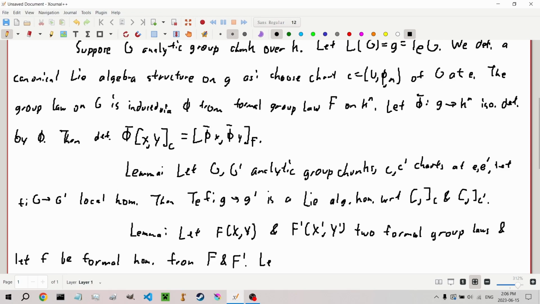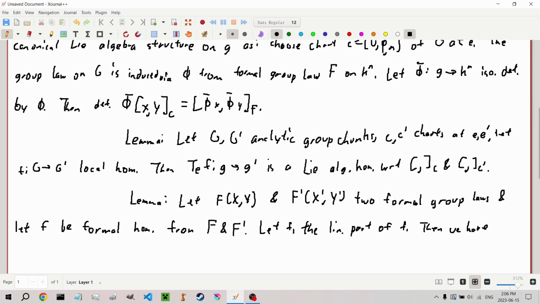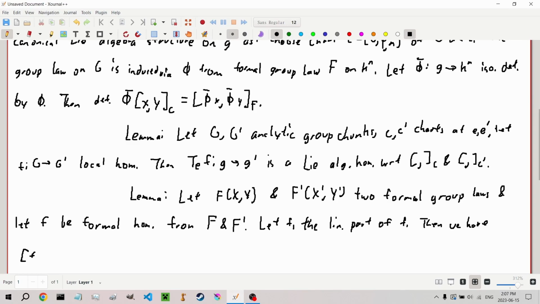And we are going to let F1 be the linear part of F. Then our claim is that the F prime bracket of F1 of X and F1 of Y is F1 of the F bracket of X and Y.